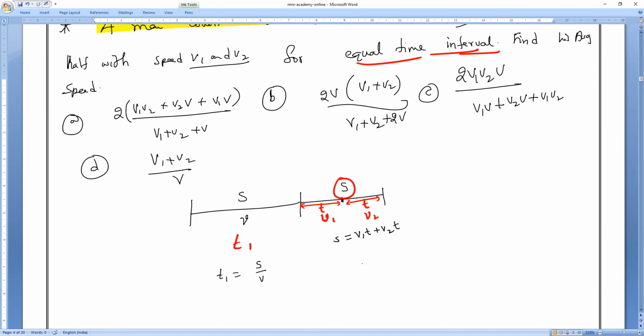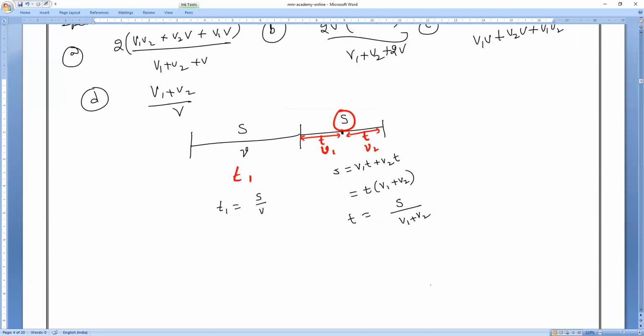What is common in this? t is common, so t times v1 plus v2. Then t is equal to s divided by v1 plus v2.